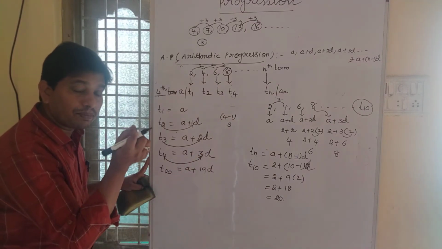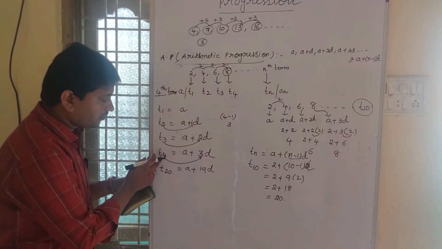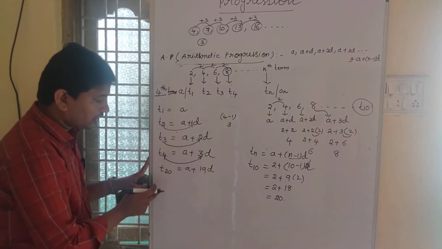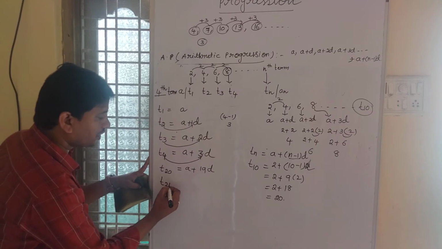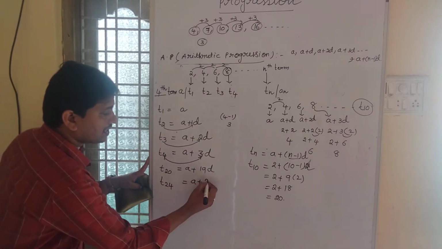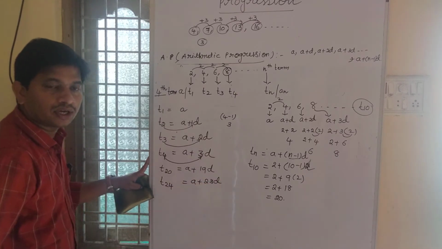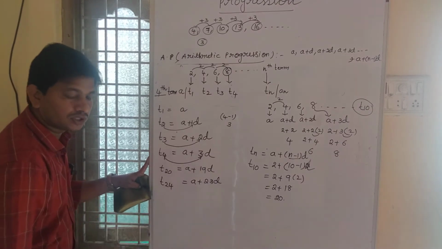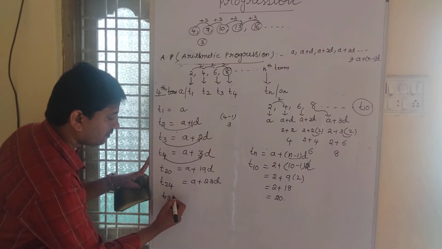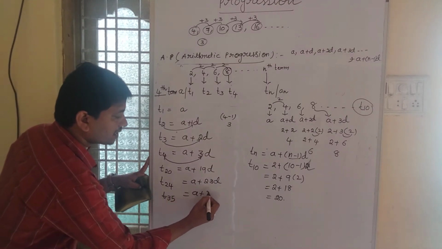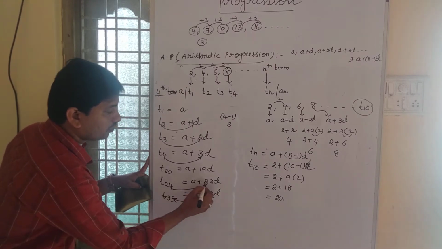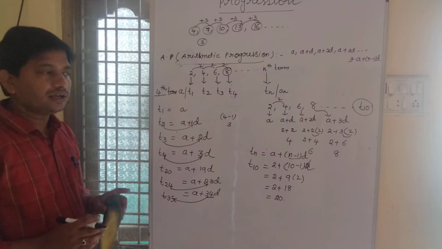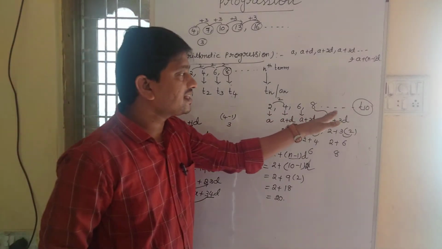I mean one number is decreasing here. If you want the fourth term, A plus 3D. If you want the 20th term, A plus 19D. Suppose you want to find the 24th term, it will become A plus 23D. Suppose you want to find the 35th term, it will become A plus 34D. One number is decreasing. If you observe here, 24 means 23D. Right? So they will give sequences like that.